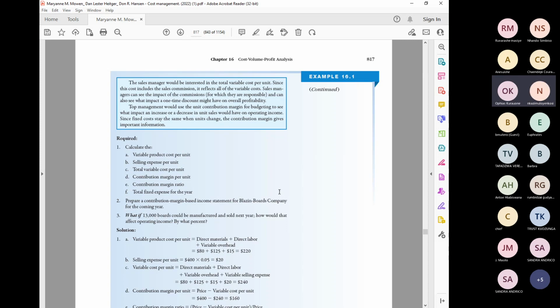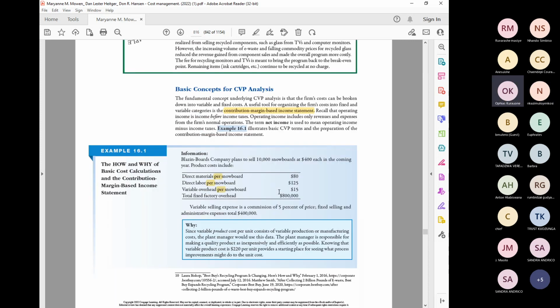Okay, thank you so much. If I go further, I'll forget. The other year I was shocked when somebody was asked to say what is the cost per unit for this product. The person went on to say 80 plus 125 plus 15, surprisingly plus 800,000. I was shocked. You need to be very careful.